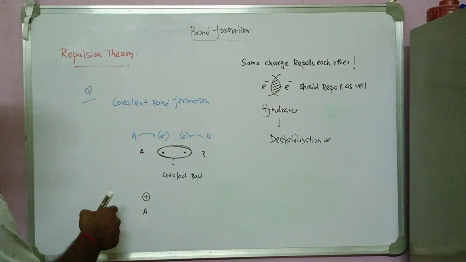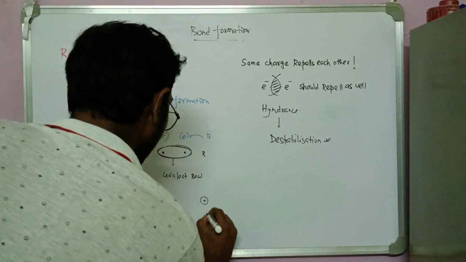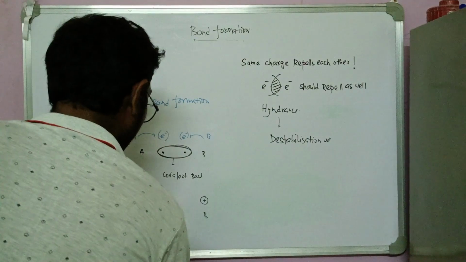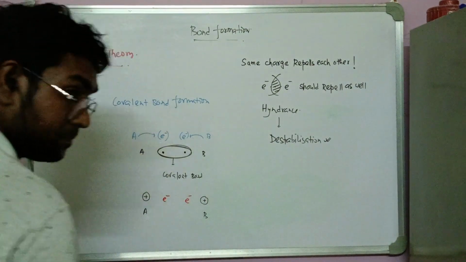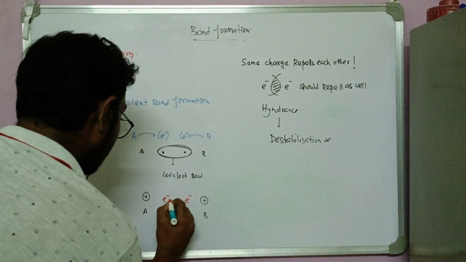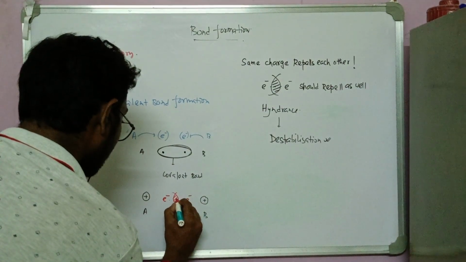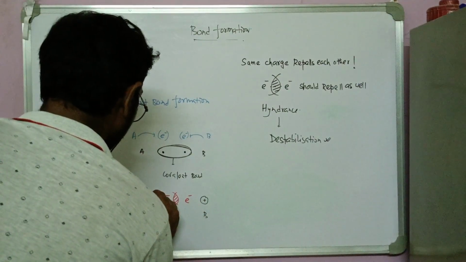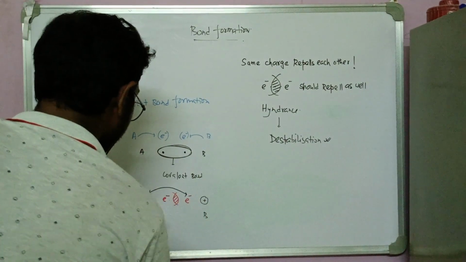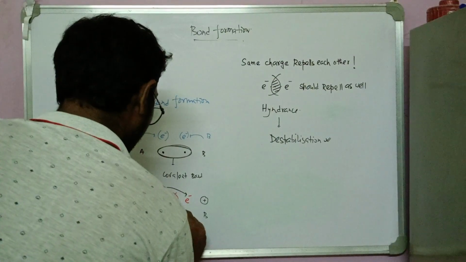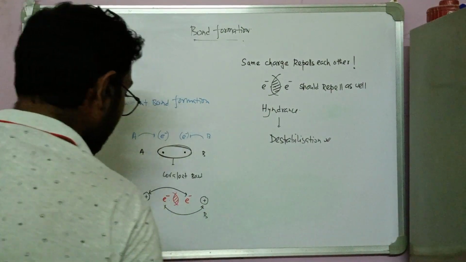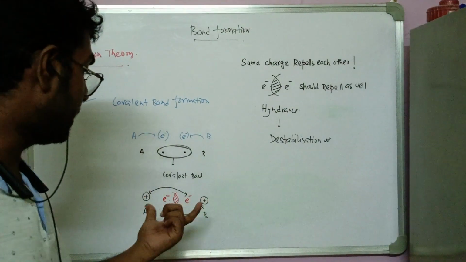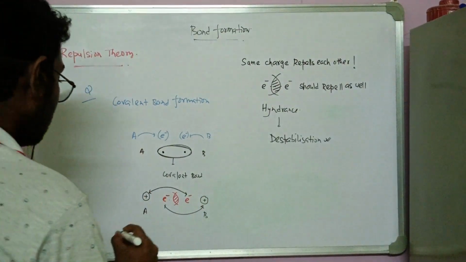So this is the nucleus of A and this is the nucleus of B, and this is the electron of A, this is the electron of B. So this electron and this electron will repel each other, fine, because they have similar charge, but this electron will get attracted by this nucleus and this electron will get attracted by this nucleus.